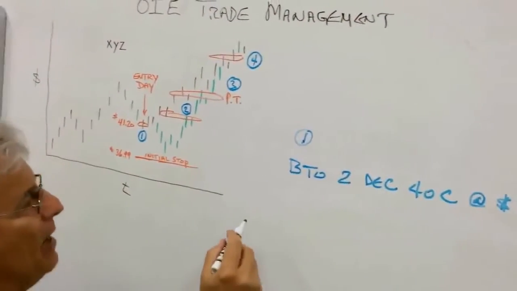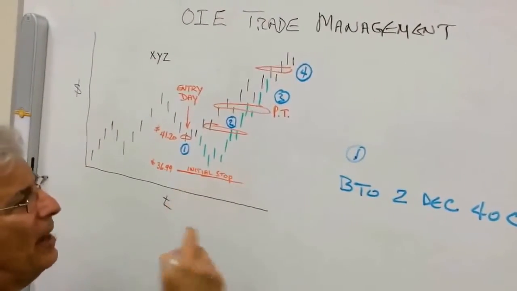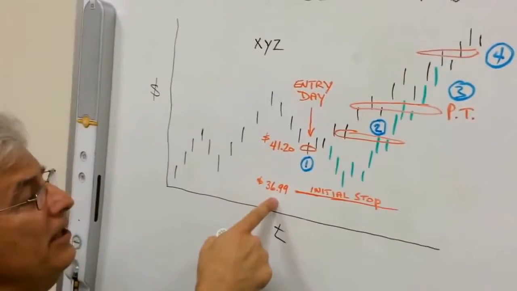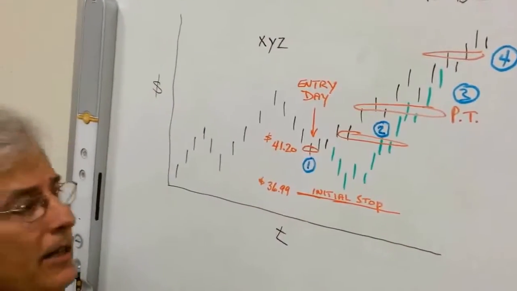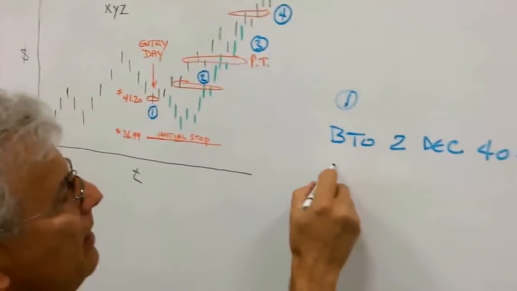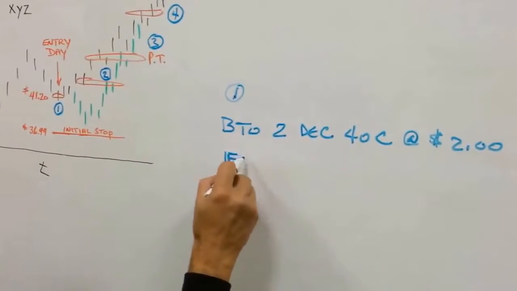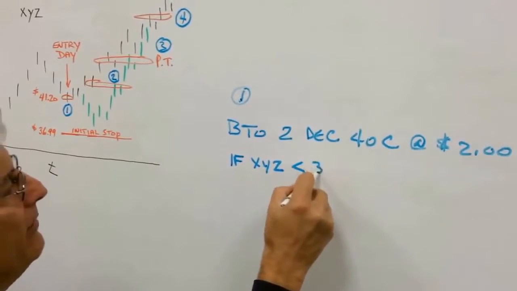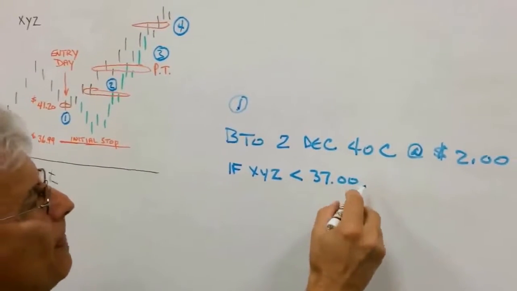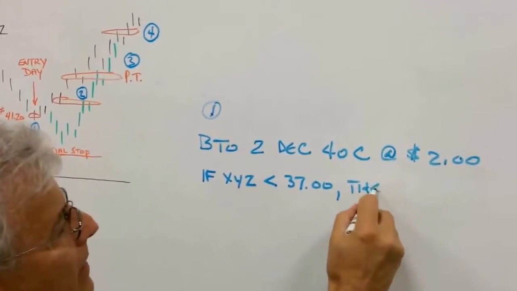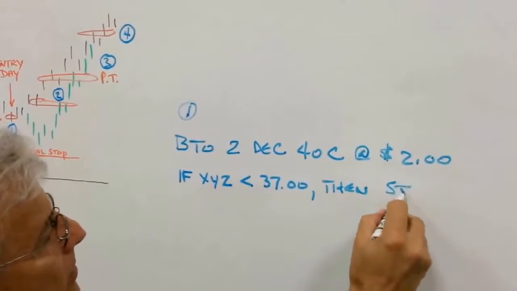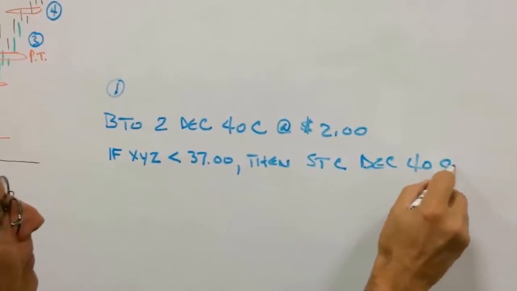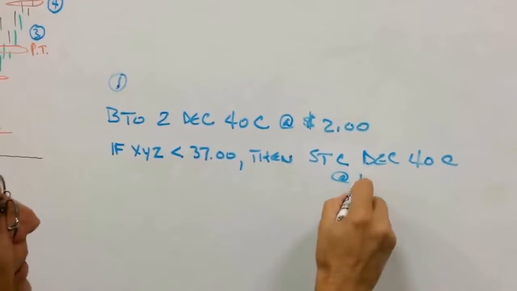Now at the same time, we want to load in our trailing stop. The software in this example, let's say, said the initial stop was at $36.99. So we're going to say if XYZ is less than $37, then sell to close the December 40 call at market.